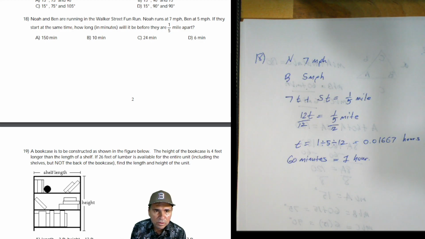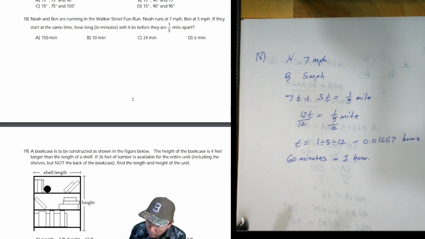That's strange. 1/5 of a mile apart. I wonder if they got this problem wrong again. That would be weird, right? 2 problems wrong in one quiz.